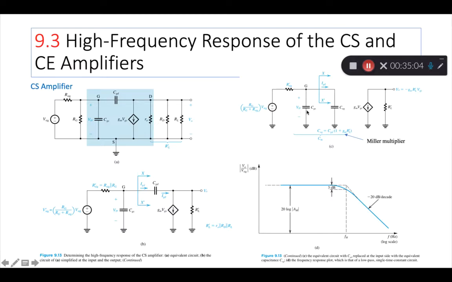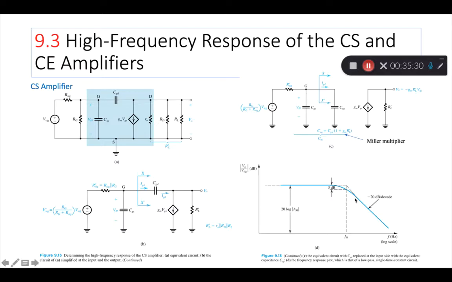So you have two capacitances now. You have CGS and C equivalent. And the C equivalent is a little bit of a complication, because what it does is it takes the CGD and it gets a multiplier called the Miller multiplier. What is the value of that multiplier in brackets? 1 plus GMRL. Okay.